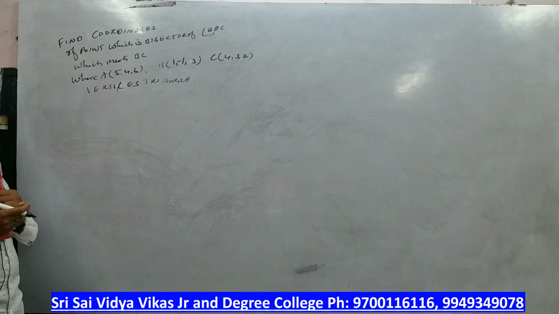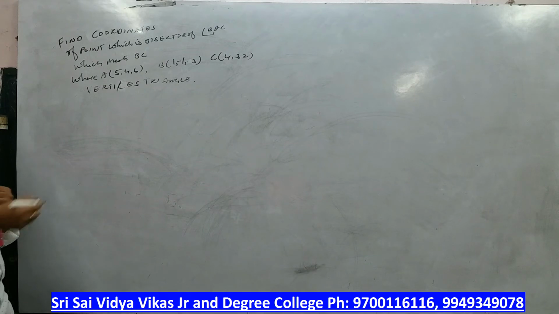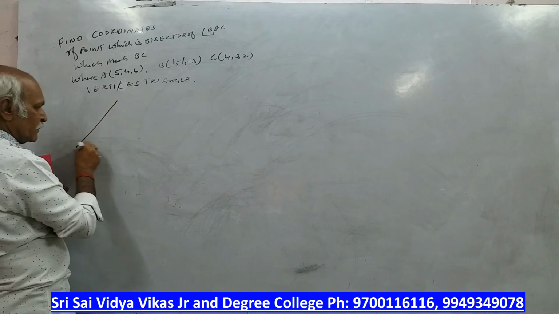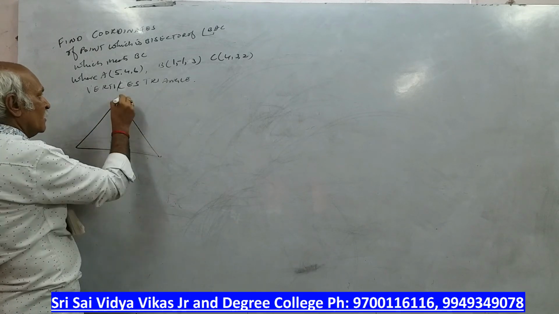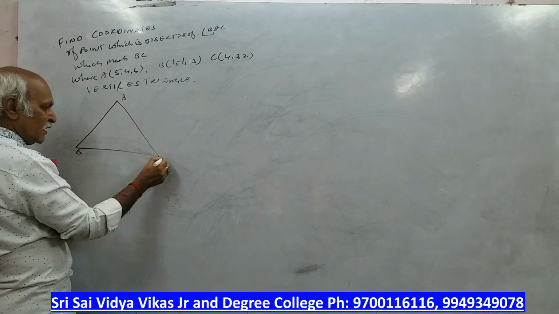Now look here. Find the coordinates of the point where the bisector of angle BAC meets BC. Now I am drawing a triangle ABC.